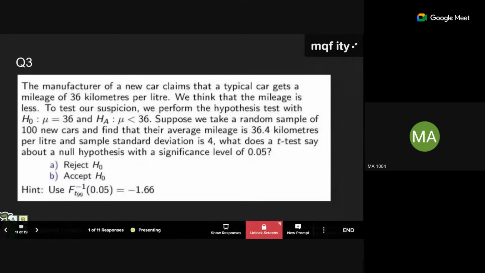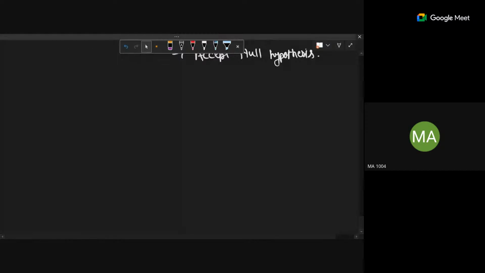So let's discuss correlation. Yeah, null hypothesis is given to us. It is 36, right? And alternative is less than 36.